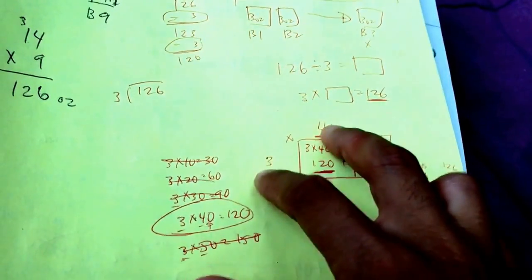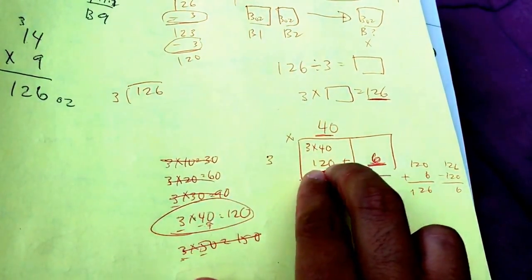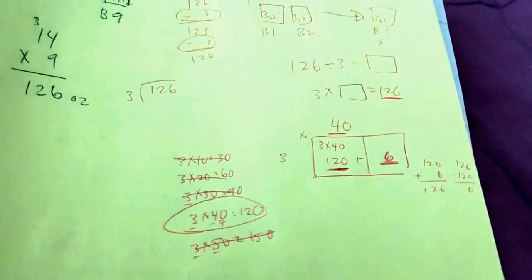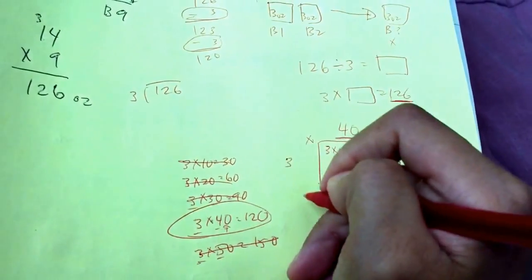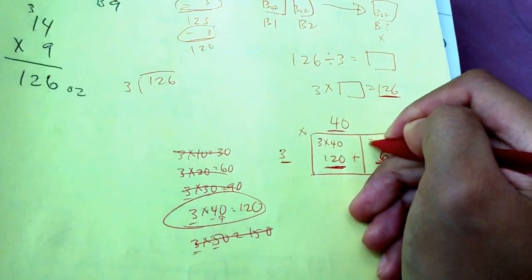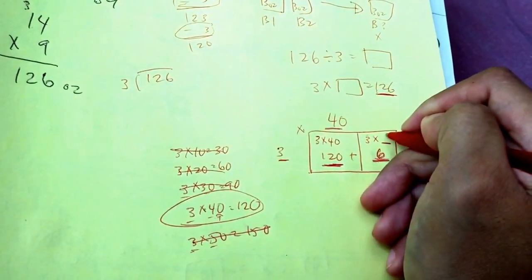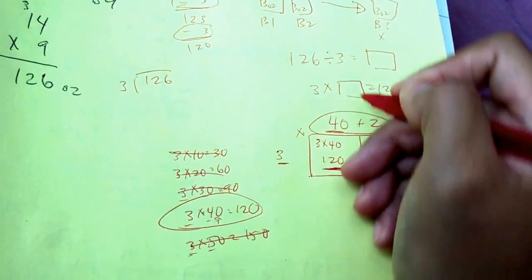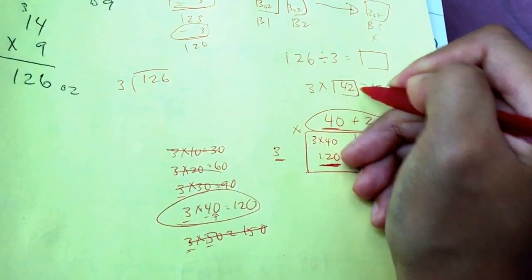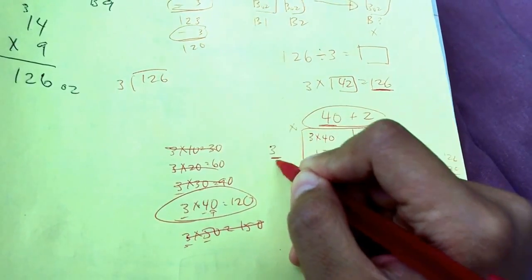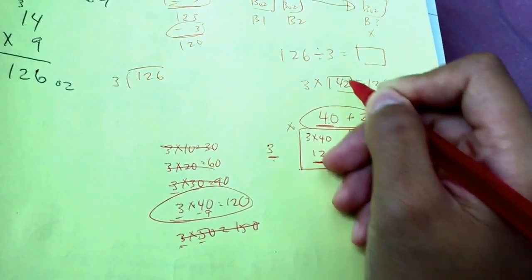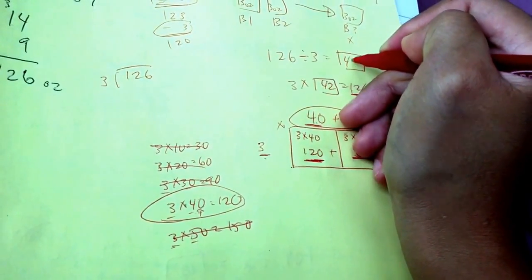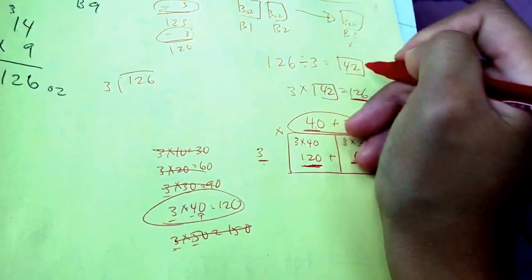We already did 3 times 40 equals 120, and then 126 minus 120 is 6 left over. We're still using 3. 3 times what is 6? 3 times 2. So your final answer is 3 times 42 equals 126. Or 126 divided by 3 is 42.